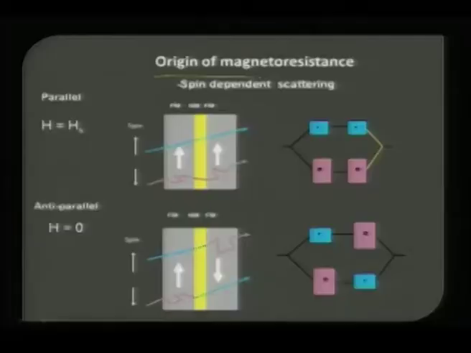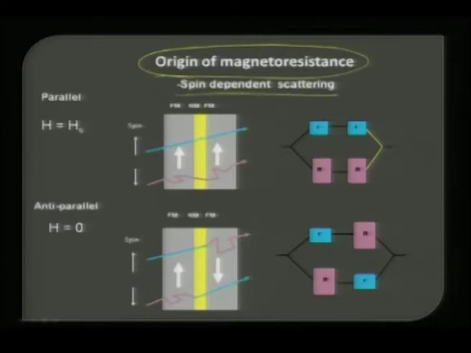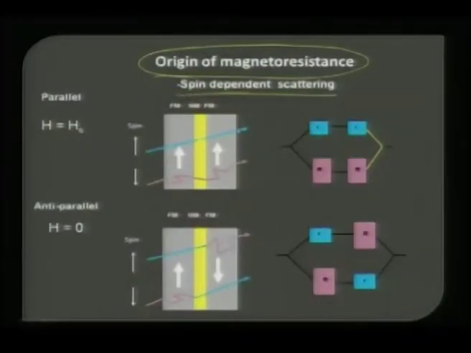Now let me tell you briefly what really makes this useful for magnetic reader applications. This is the origin of GMR, and the principle that acts in this GMR is called spin dependent scattering. Spin is getting scattered at the interface between a ferromagnet and a metal and a ferromagnet. So we can look at this situation in the following way.